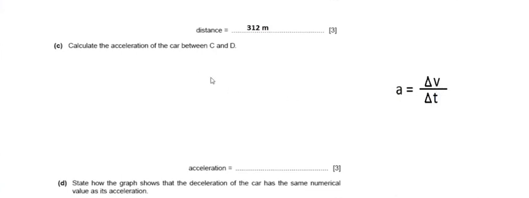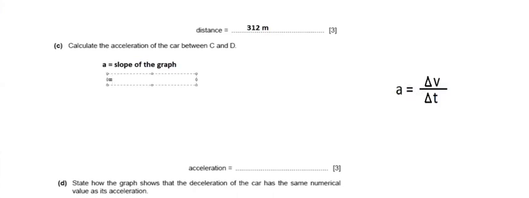So here we can write down the acceleration is equal to the slope or the gradient of the graph, that is the change in speed divided by the change in time. So here we can put the values directly.